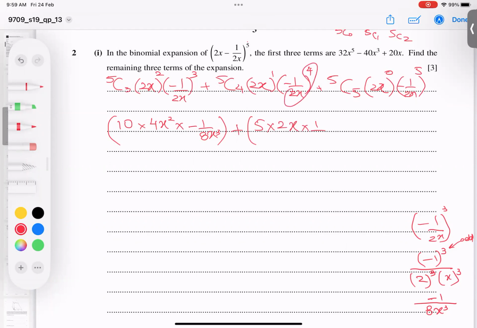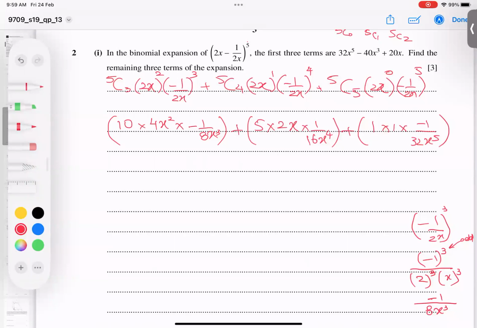And 2 to the power 4 is 16, and x to the power 4. Be careful, here is a chance of mistake. 5C5 is 1, something to the power 0 is always 1. And minus 1 to the power 5, because 5 is an odd number, the minus will be there, and 2 to the power 5 will give you 32, and x to the power 5.